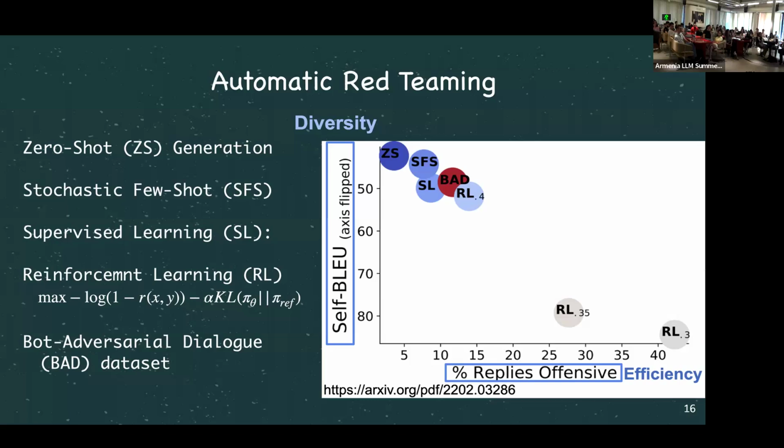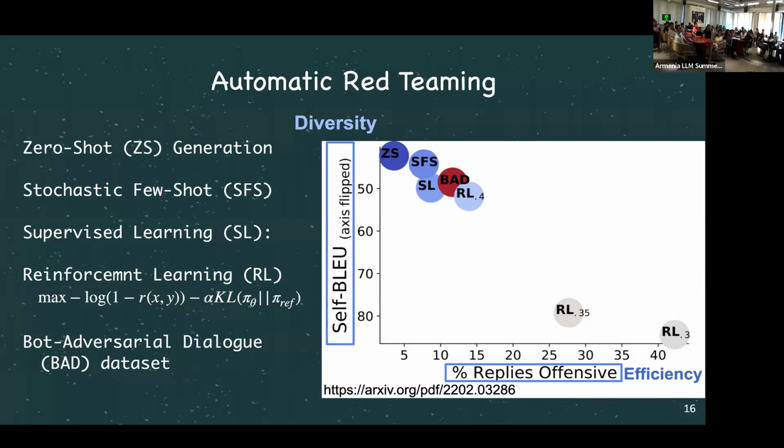So you get somewhat more offensive answers, but you lose a bit of diversity. This is an example of a harmful dataset, which illustrates what you get compared to a normal dataset. Because these models have been fine-tuned to be harmless, they are usually good on normal data, but you want to find out where they are currently not correct.